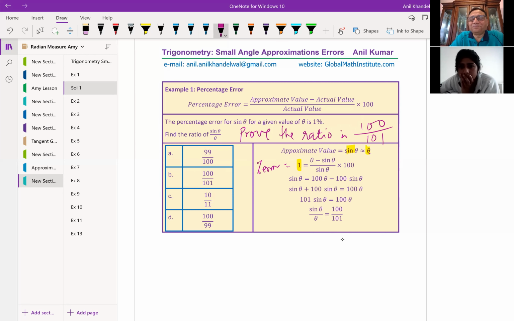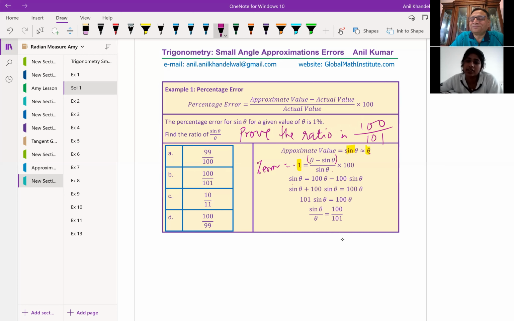Now you can cross multiply. You get sine theta here, multiplying by 100, distributive property, both theta and sine theta. You get 100 theta minus 100 sine theta. Bringing sine terms to the left, it gives you 101 sine theta equals 100 theta. And therefore, the ratio of sine theta and theta is 100 over 101.